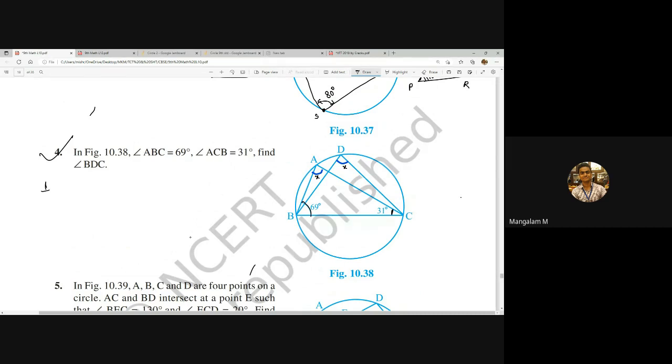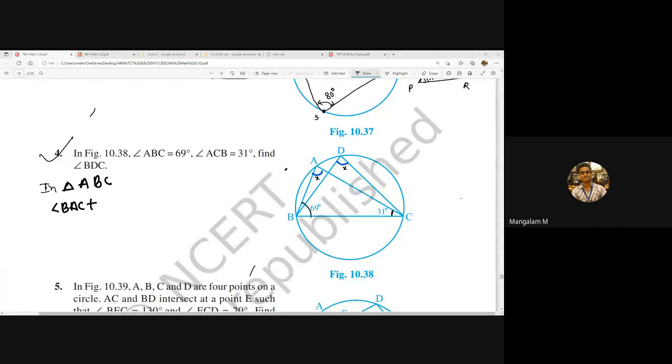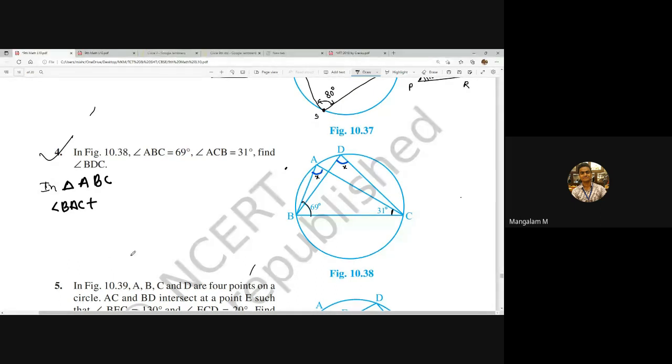So in triangle ABC, ABC में हम क्या देखते हैं? एंगल BAC plus... 80 degrees. Okay, very good. So in triangle ABC, we know that the sum of the interior angles of a triangle is 180.